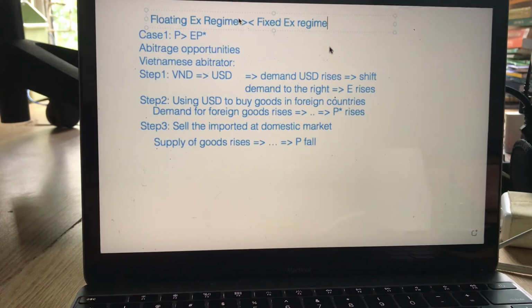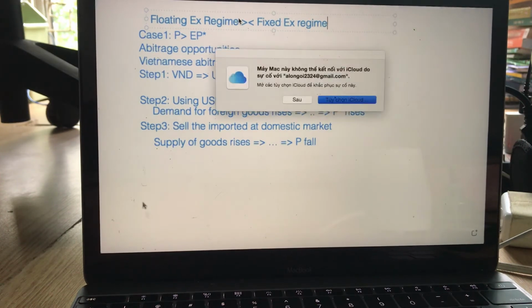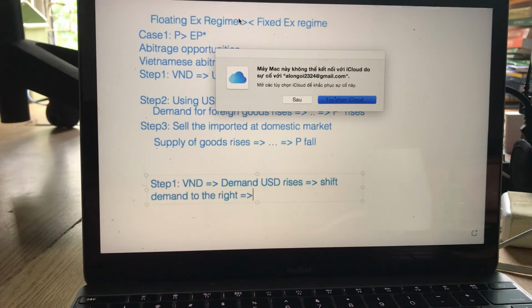And in step one, under the fixed exchange rate regime, when we convert from VND to USD, we apply the same: demand for USD increases, and it shifts the demand curve to the right, and it leads to an increase in the exchange rate, right?